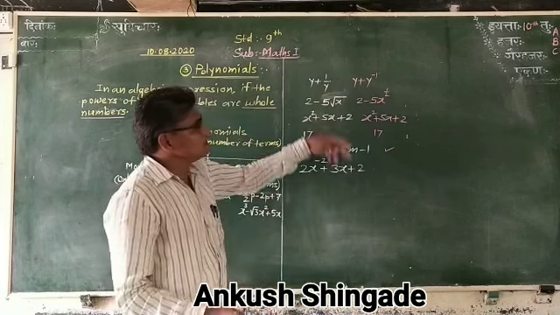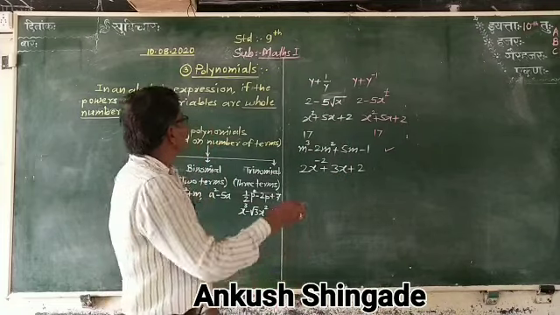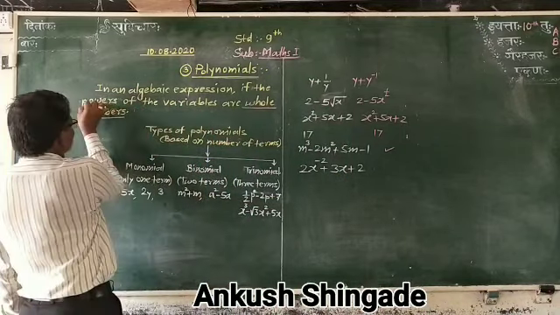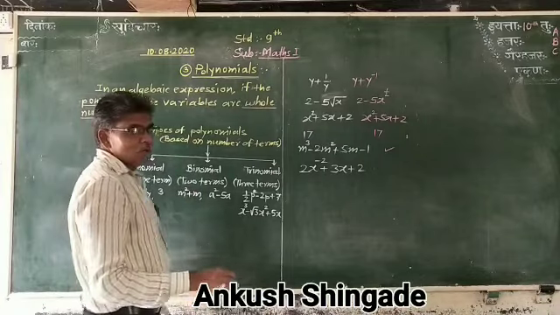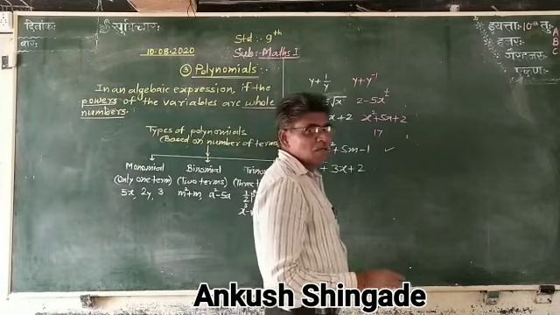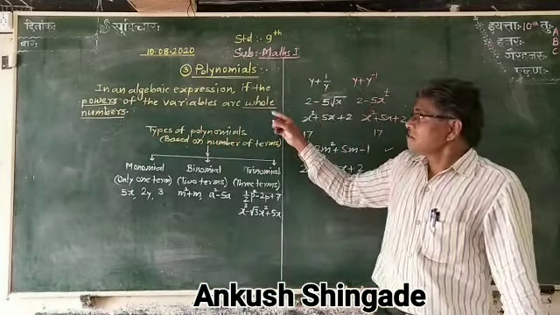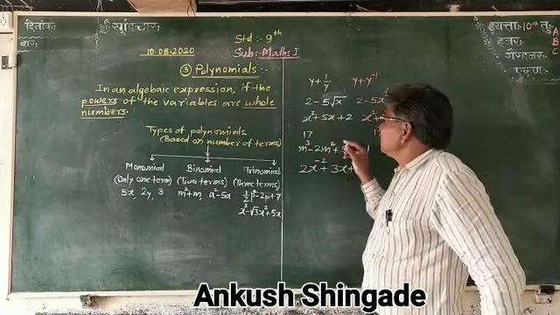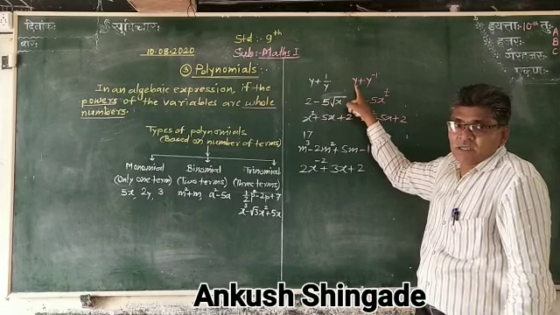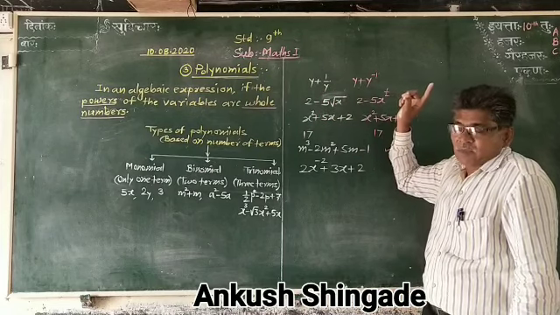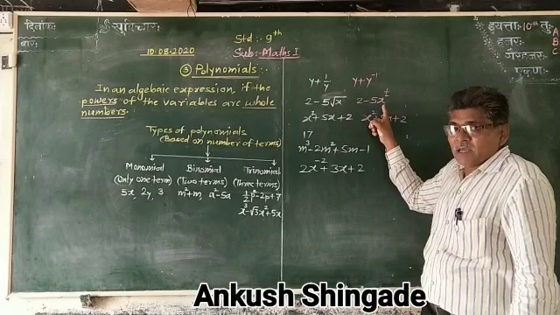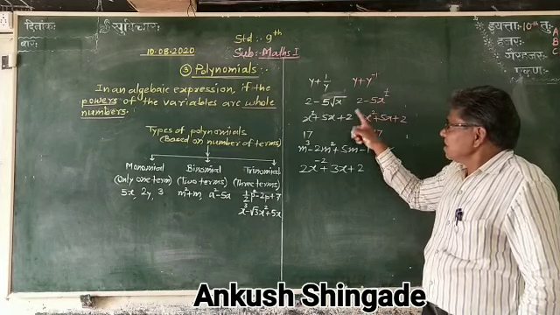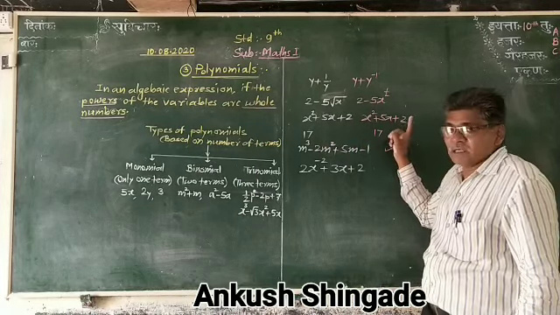Now study these examples. The powers in an algebraic expression, the powers of the variables should be whole numbers. Variables, here y is a variable. In this example, x is a variable. Here also x is a variable.